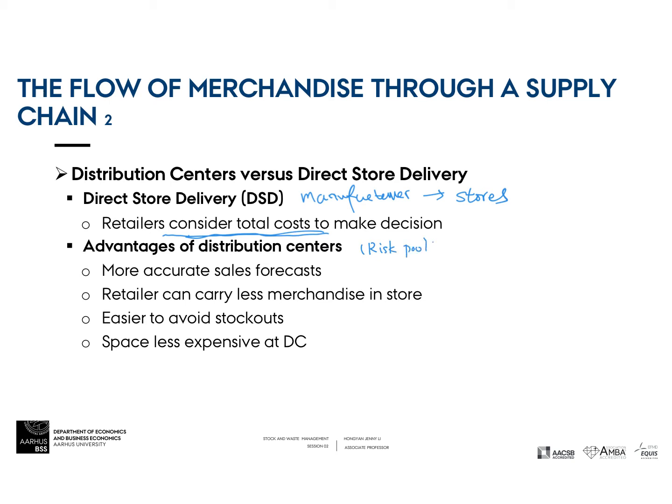If you have multiple retailers, then using one distribution center will definitely realize the benefits of risk pooling, and also bring the stock close to the stores. And also they will have more accurate sales forecasts, and the retailer can carry less merchandise in store, making it easier to avoid stock outs, and the space is less expensive at the distribution center.